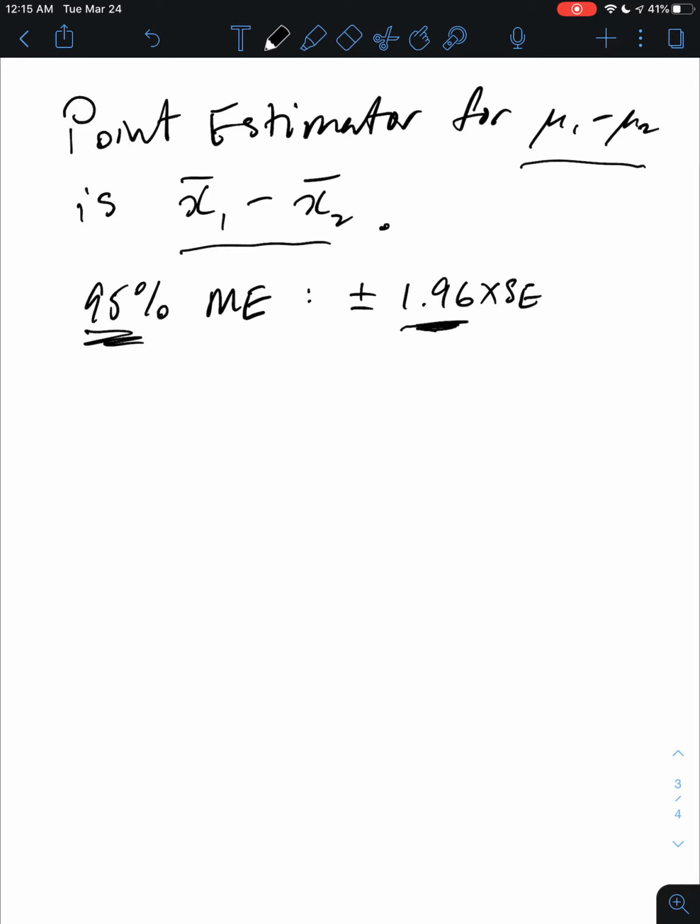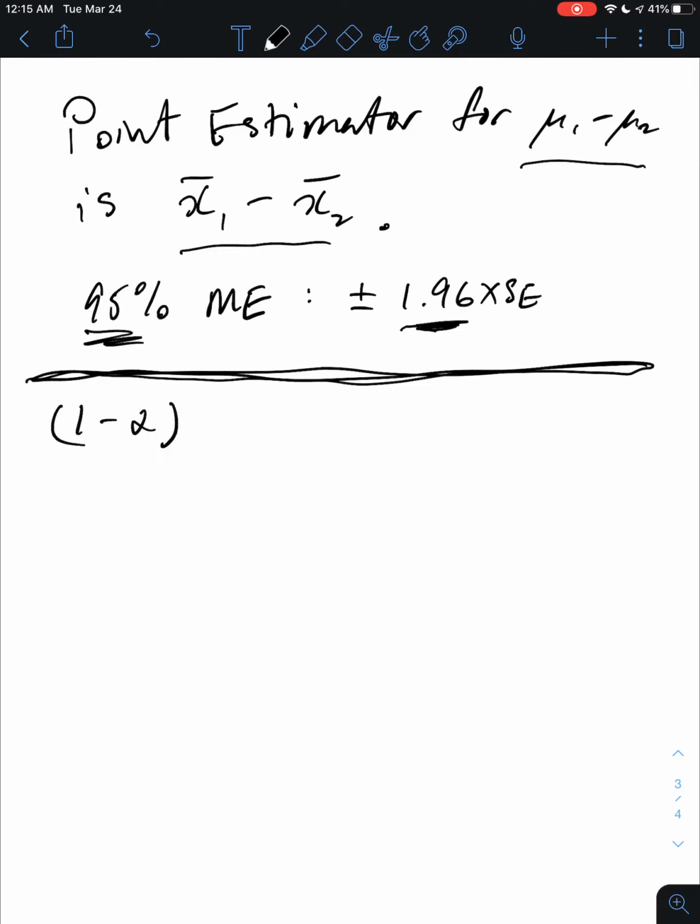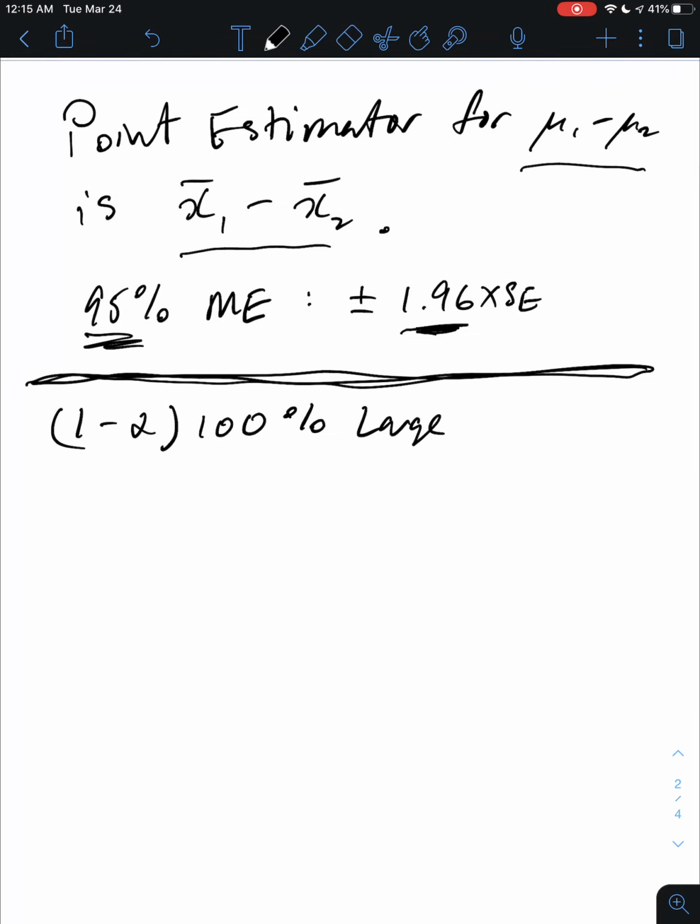Okay, now that is the point estimator margin of error business, but a more sophisticated way to talk about it is to use confidence intervals. And so the 1 minus alpha 100% large sample confidence interval for the difference between two population means is given by this formula.